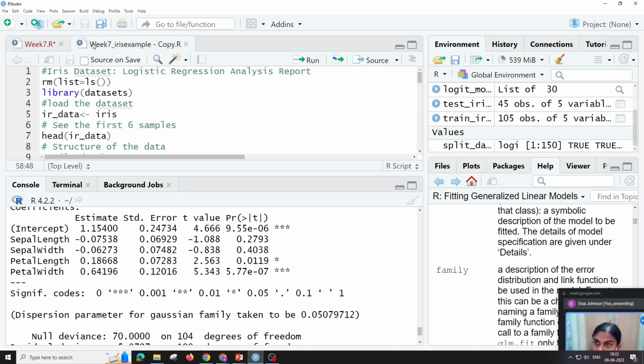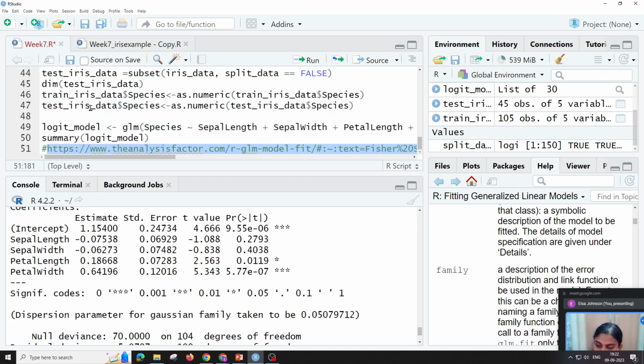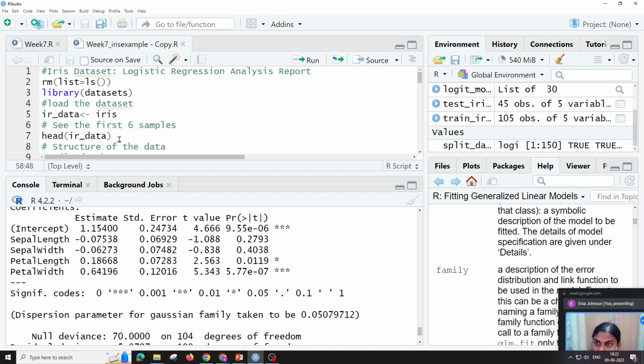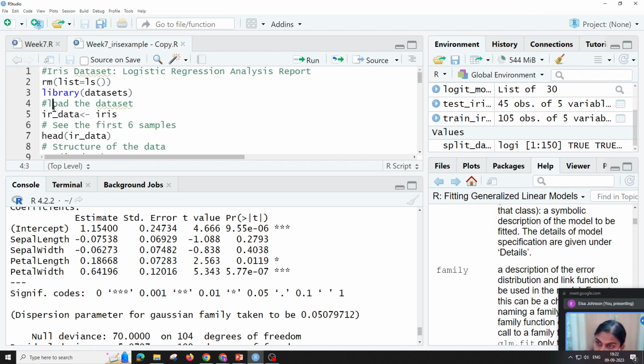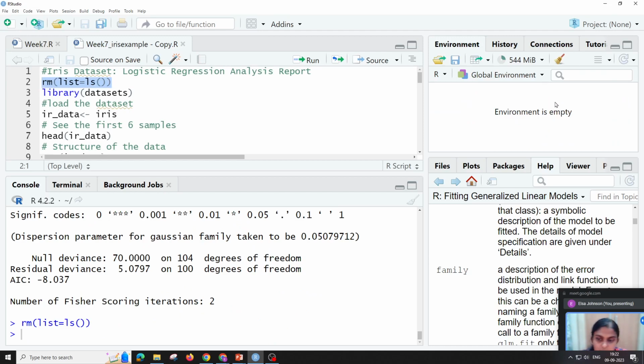Now we will move on to a different type, with the same data set only. The iris data set, I had shown it available like this. But in case you are not getting it, it's already available as a data set in RStudio itself. I'll run this one to remove everything from the environment.